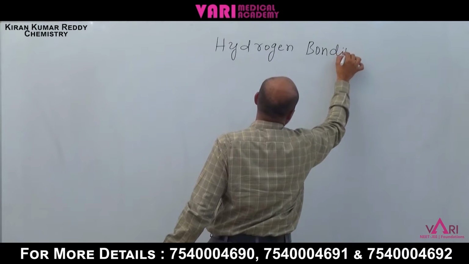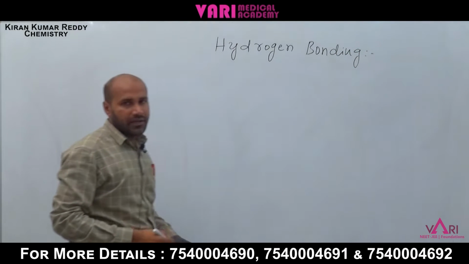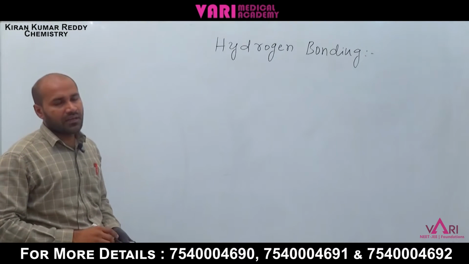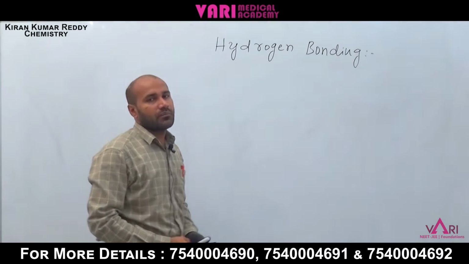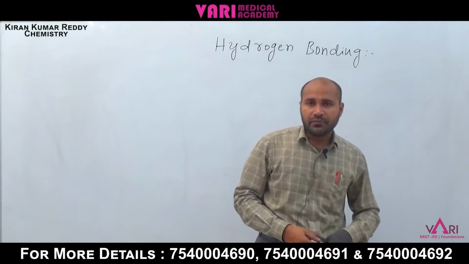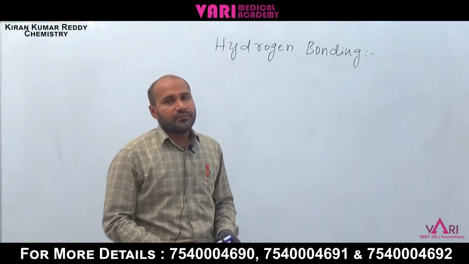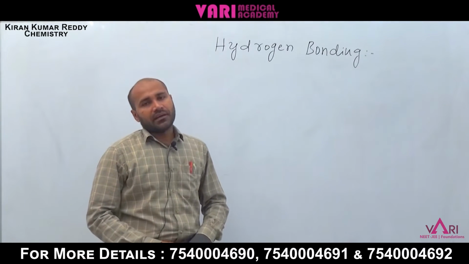We already discussed in the first class that there are two types of bonding: intramolecular bonding and intermolecular bonding. Intramolecular means within the molecule, for example covalent bond, ionic bond and metallic bond.